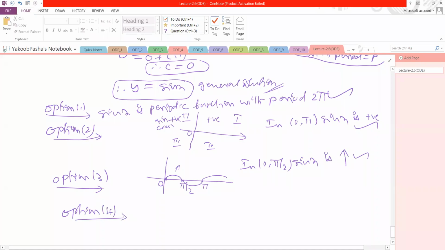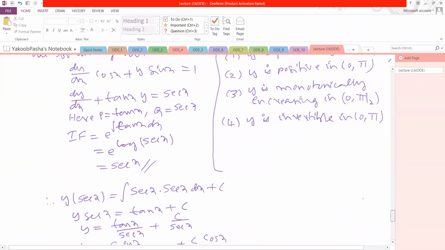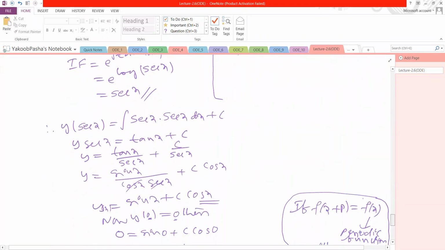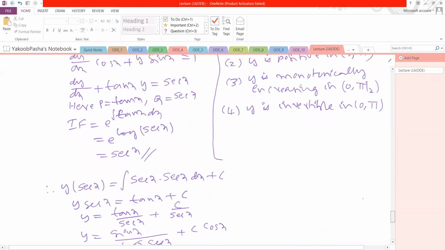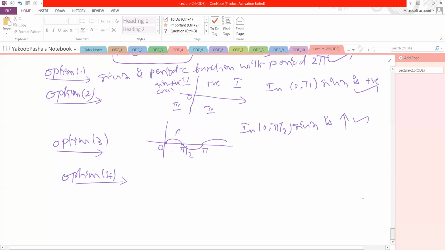Now we can check whether it is right or wrong. What is option 4? Option 4 is: y is invertible in the open interval 0, pi by 2. Invertible means it is a one-one and onto bijective function. It needs to be one-one and onto; if either one fails, it is not invertible. First we see the definition of one-one.